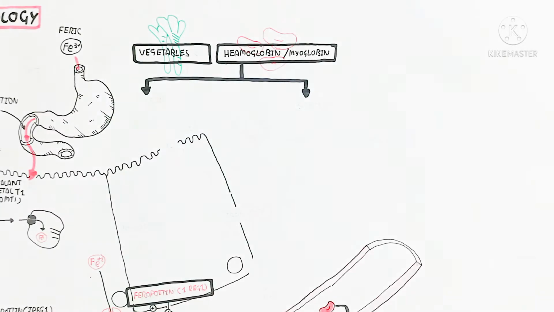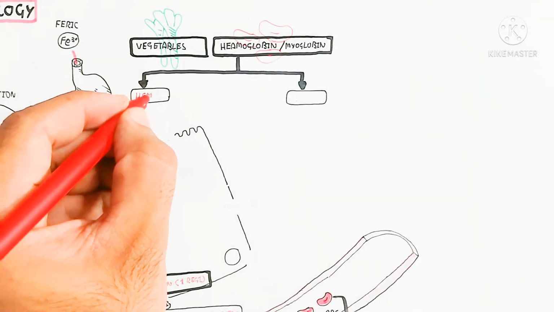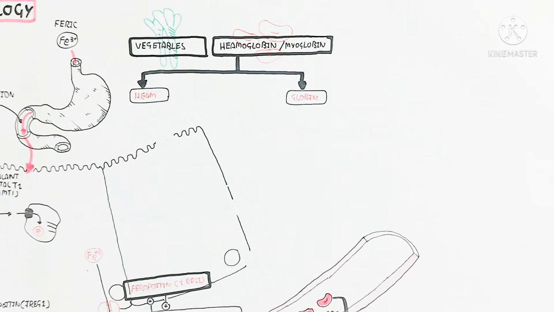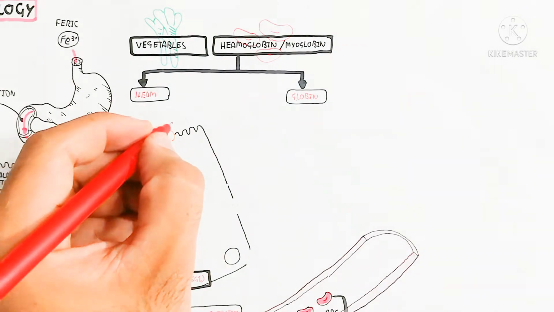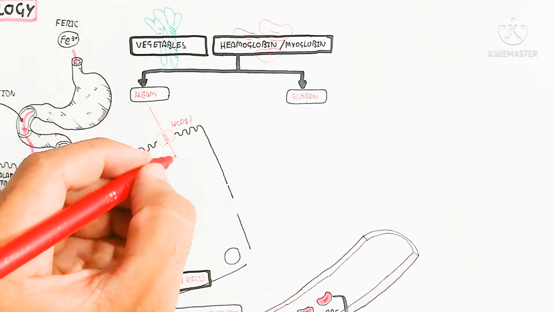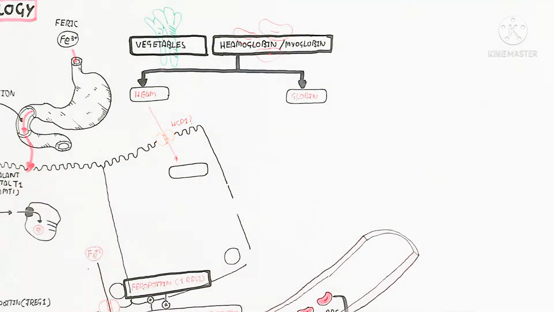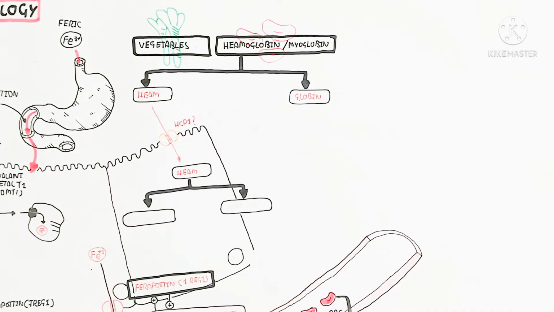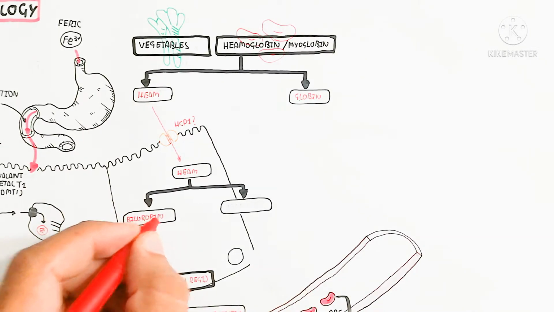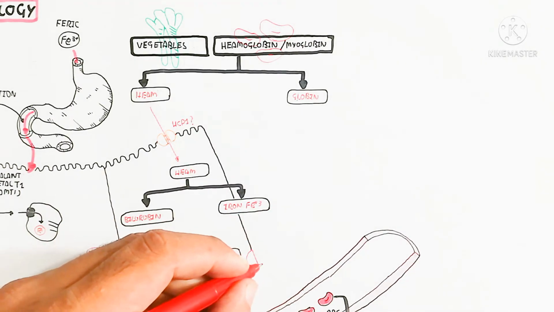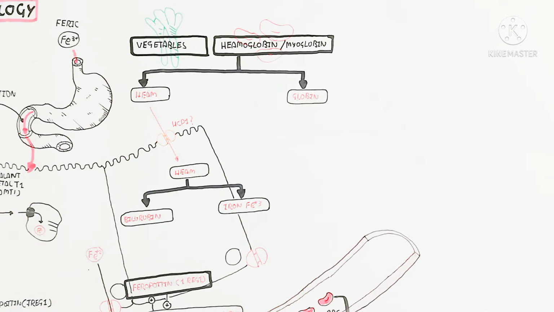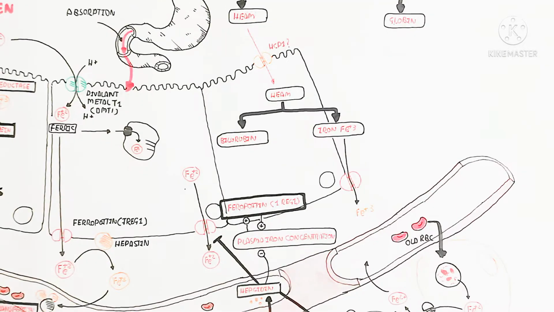And more, here are the vegetables and the dietary hemoglobin and myoglobin, which come from the meat, and the vegetable, which produce the heme and globin after the digestion in the duodenum. This heme will be entered by the HCP1 channel, and after moving inside, the heme leads to bilirubin formation and iron ferrous formation, and this ferrous is basically the 3 positive charge.